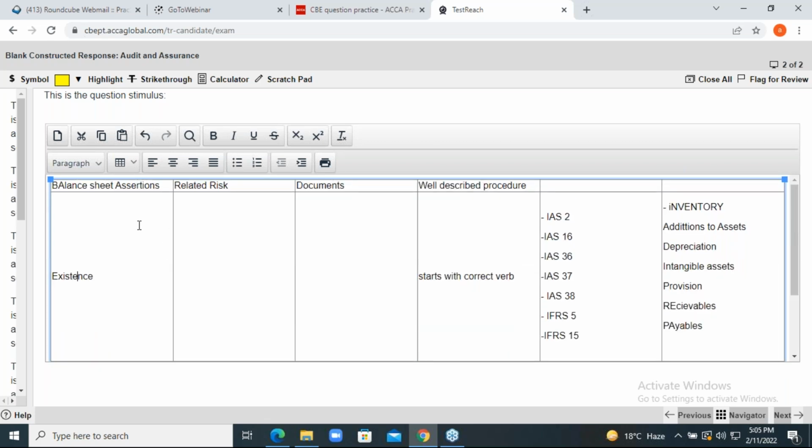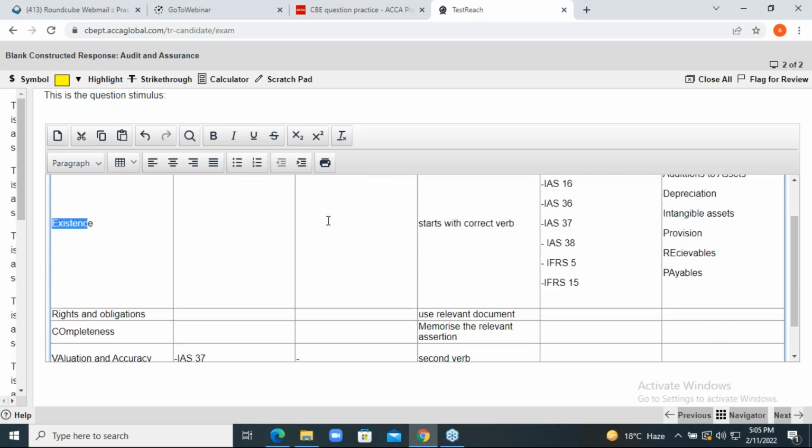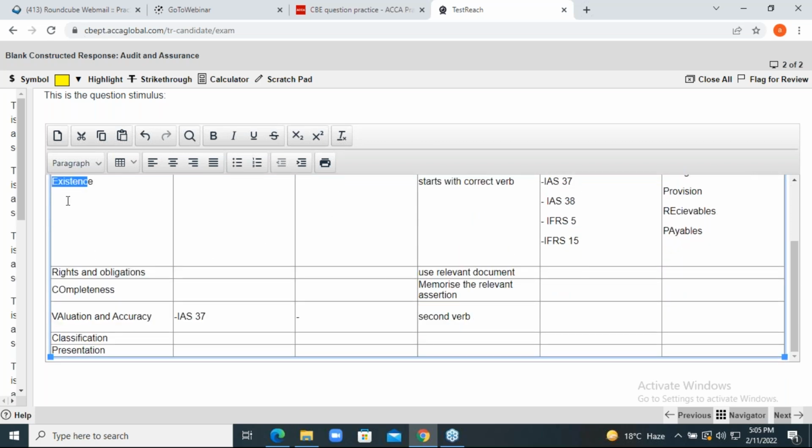You should try to write starting with the existence assertion. See which document will help you for existence, then rights and obligations, then completeness. By doing this again and again, you can understand and write your own procedures.